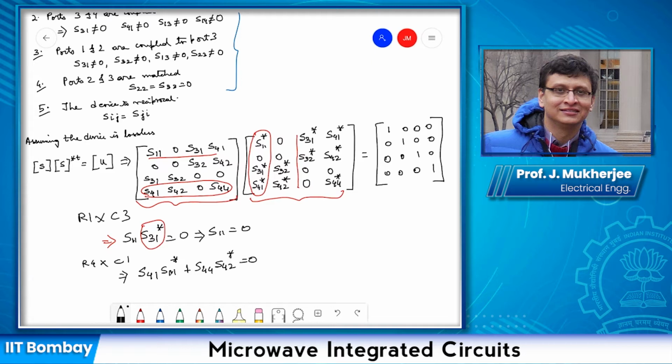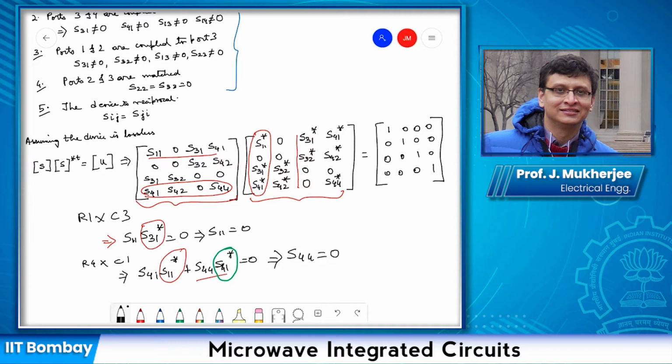Now we have seen that S11 is 0, and S11 conjugate should also be 0. So the term that will be left is S44 S42 conjugate. We have already seen that S41 cannot be 0 because port 1 has to be coupled to port 4. So from here we can say that S44 is equal to 0.